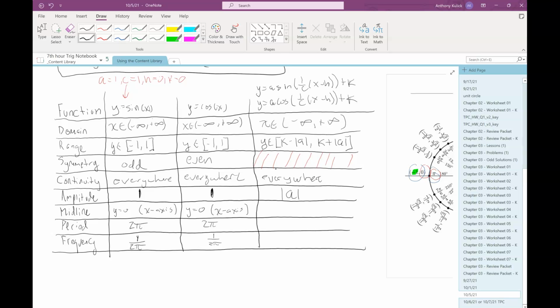Okay. Can the midline change with the transformation? Let's say that our graph is here. The midline's right through the middle. What if I picked it up and moved it up here? Yeah, you're right. So a vertical shift will change the midline.